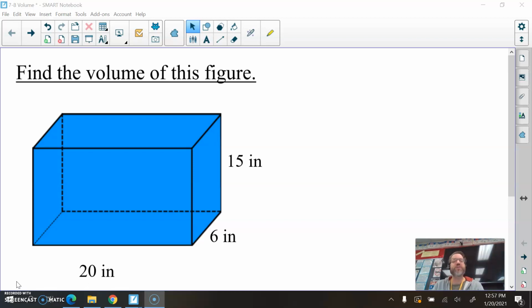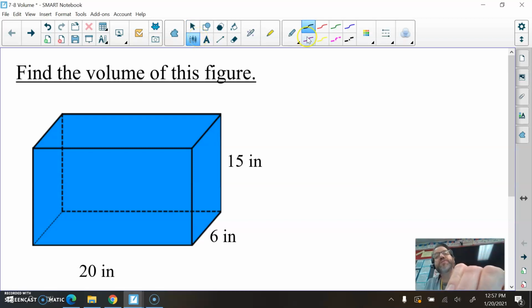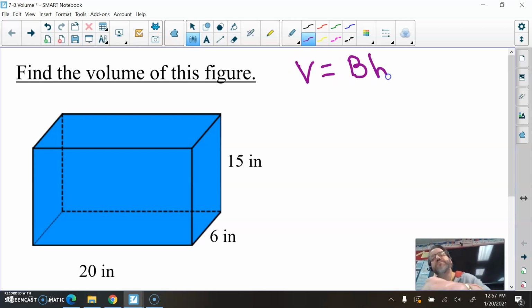All right, so if you look here on the screen, it says find the volume of this figure, and it is a rectangular prism. And we always use the same formula when finding volume of prisms. And it looks like this: V equals big B times H. Now, big B refers to the area of the base.